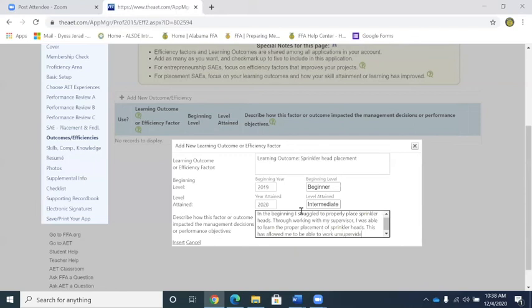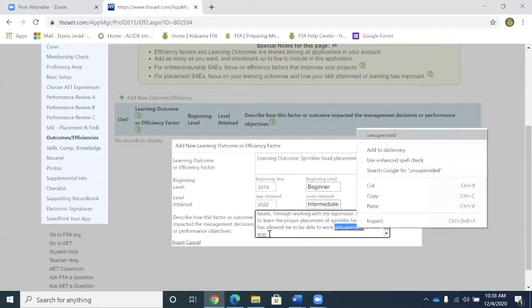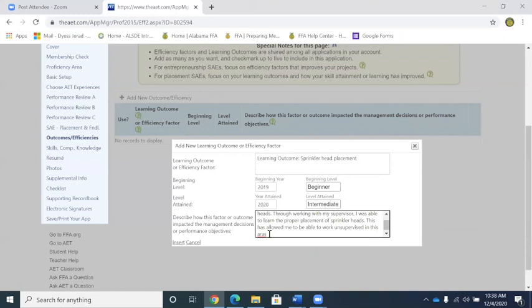Work unsupervised. There you go. Would that be something that would work? Yeah, that would work well. We would go insert and there it would be.